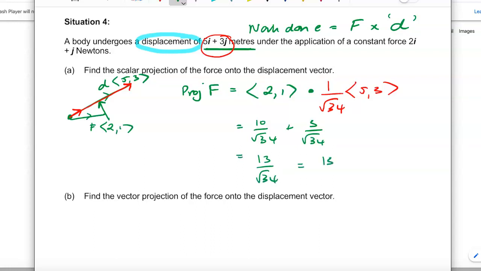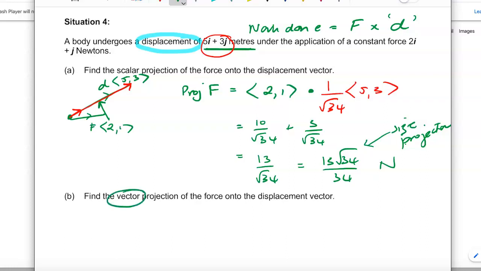And if we rationalise it, it will be 13 root 34 on 34 newtons. So this is the size of that projection of the force onto the movement of that body. That's just the size of how it has forced it to move.